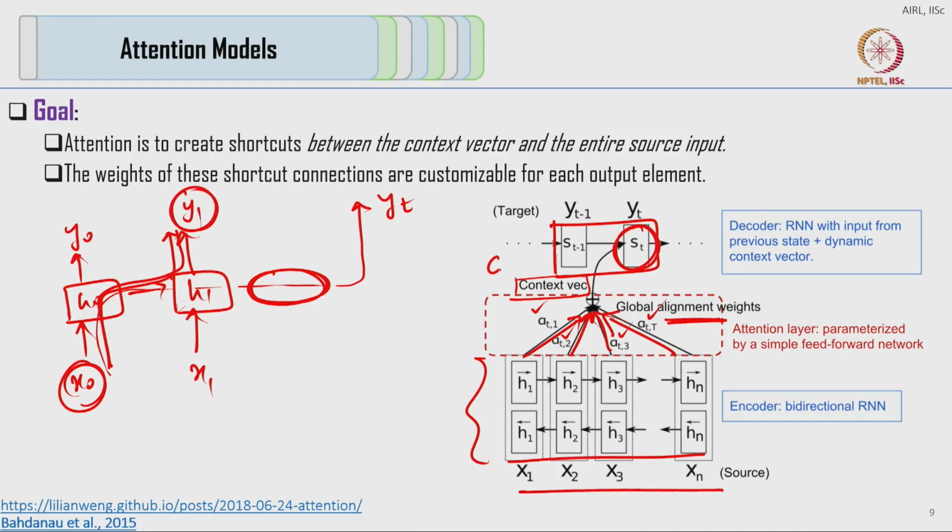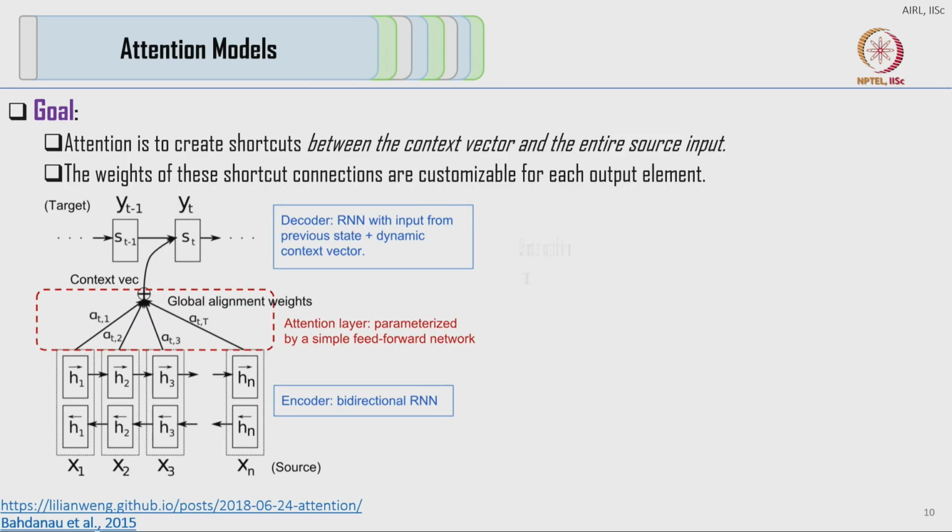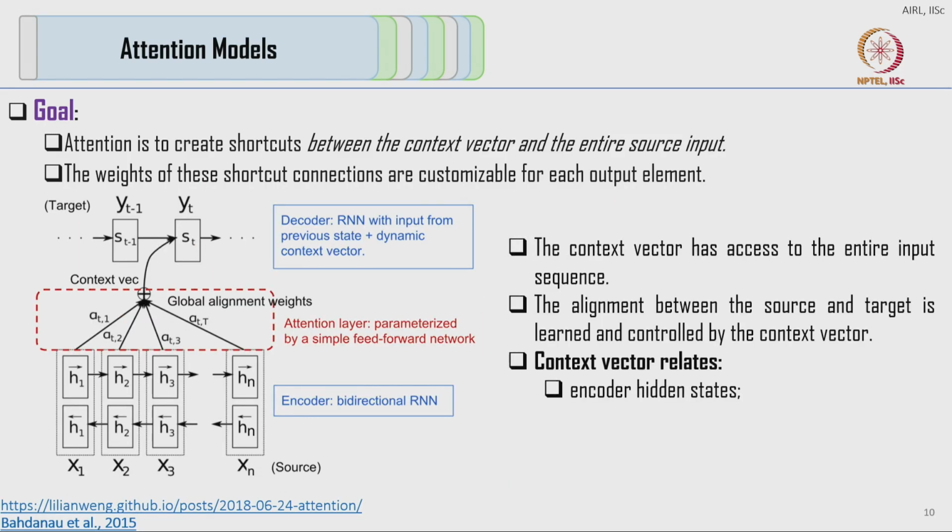Now, the context vector essentially learns the context of each of these inputs corresponding to the output at any timestamp, in this case yt, right. The context vector has access to the entire input sequence, as we can observe here.